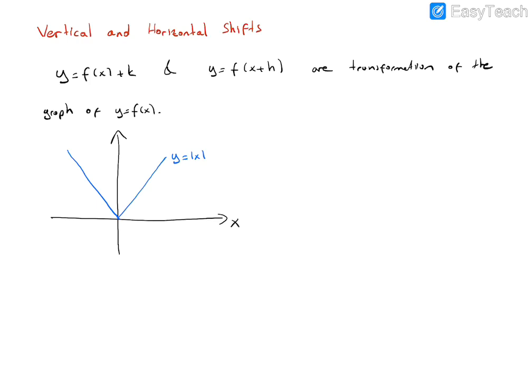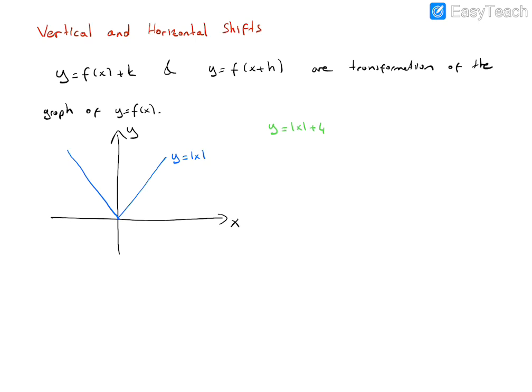This is the x-axis, this is the y-axis. For example, y equals absolute value of x plus 4. The graph of y equals absolute value of x plus 4 is the same as the graph of y equals absolute value of x shifted upward 4 units.